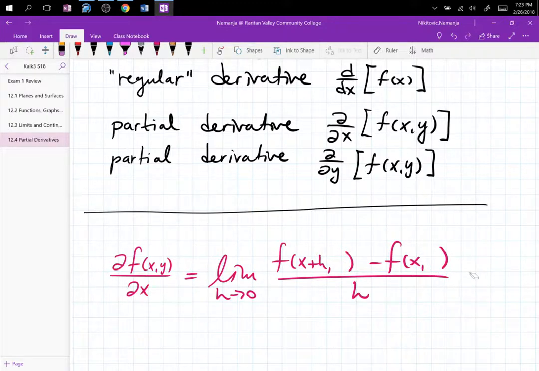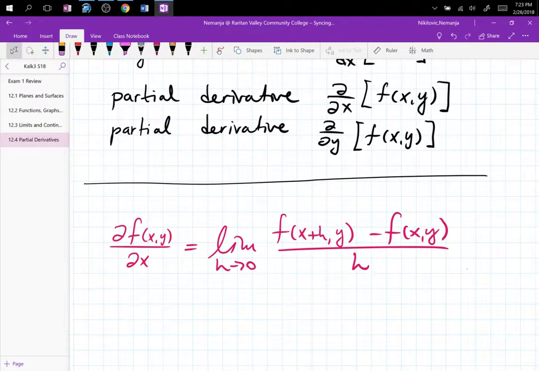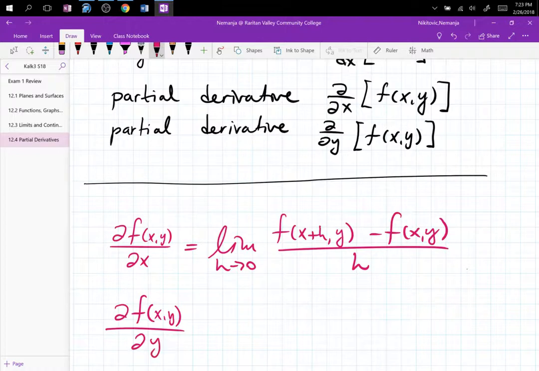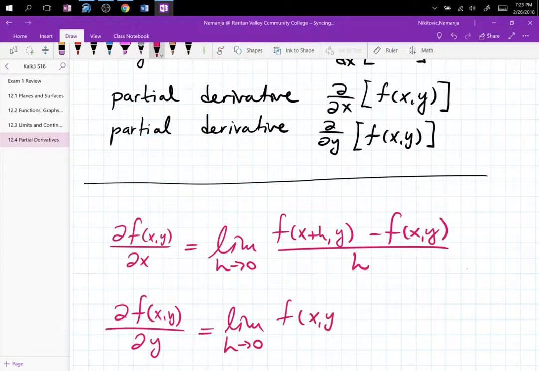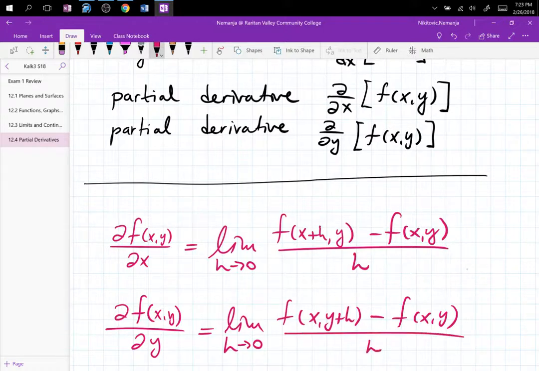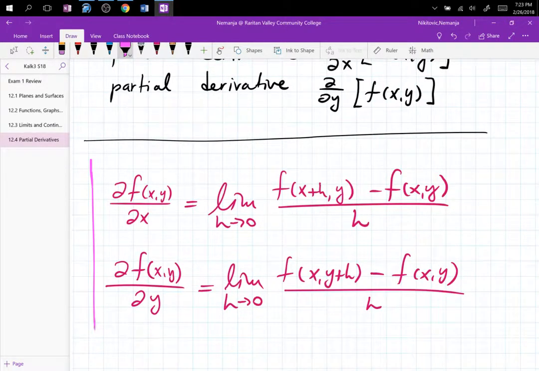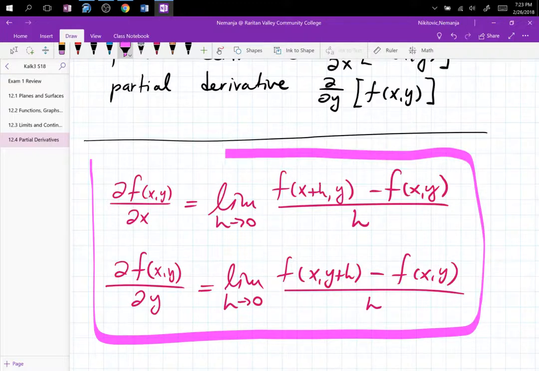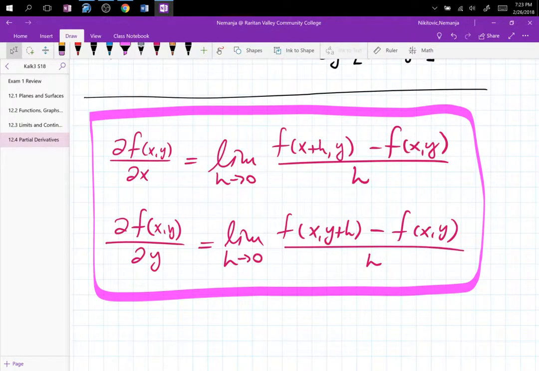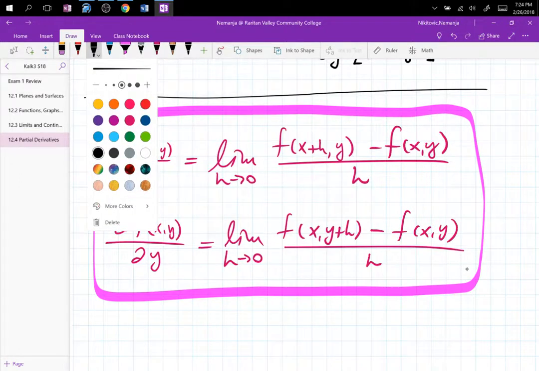Do you see that this is exactly the Calc 1 definition that you are supposed to know? Now the partial derivative of f with respect to y is the limit as h goes to 0 of f(x, y+h) minus f(x,y), divided by h. So these are the definitions, and we could do those limit problems from Calc 1.